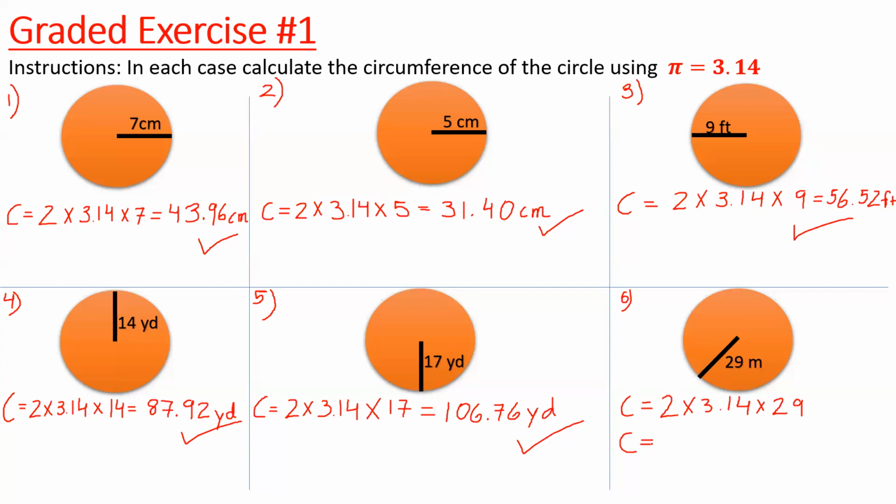What do we get for that one? I get 182.12. 182.12 meters, right? Yes, sir. Very good.